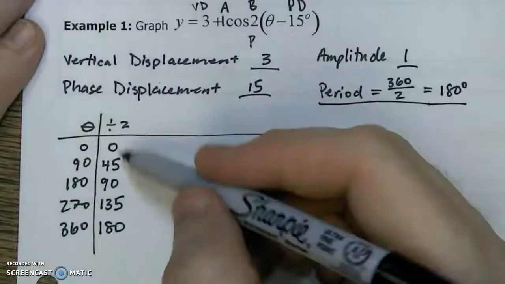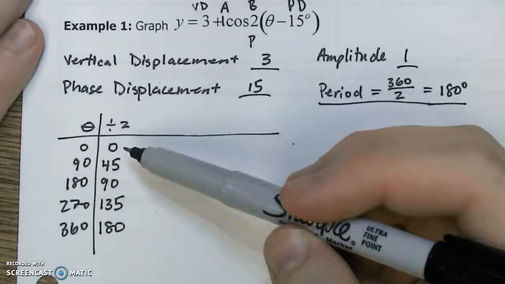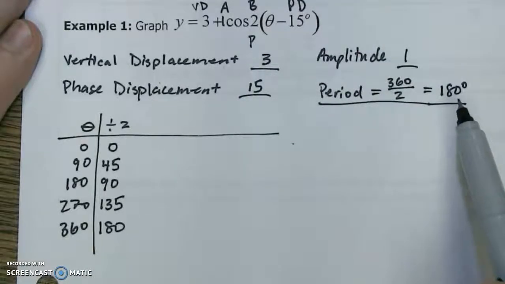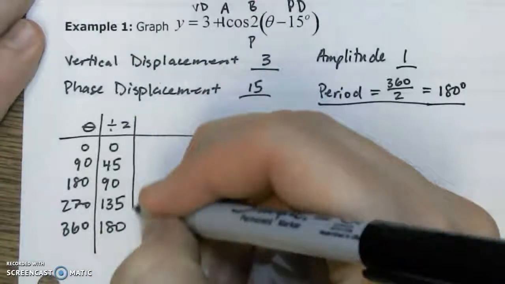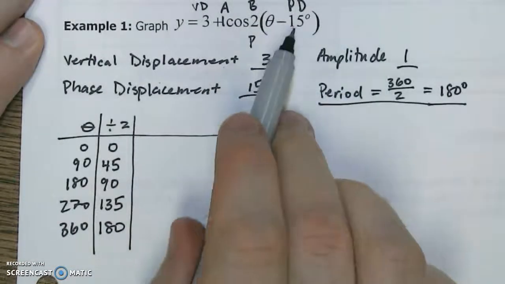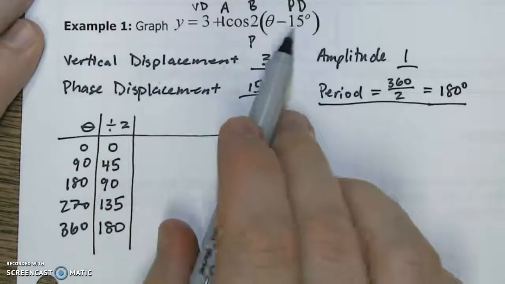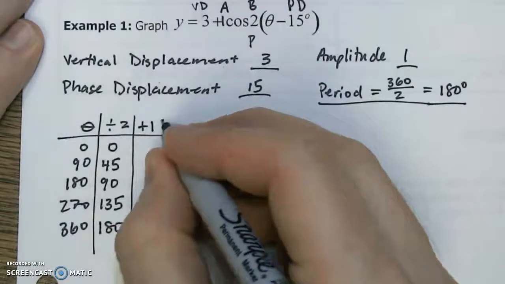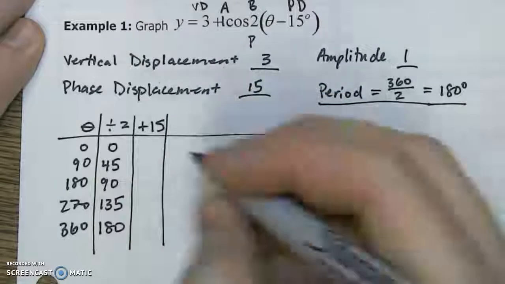So when we divide by 2, we see it starts at 0 and ends at 180, which is why the period is 180 degrees. Now that we divided by 2, we're going to take those values and add 15 to all of those. So again, 15 is touching theta, so that is affecting all of your theta values. So we add 15 to all of those.